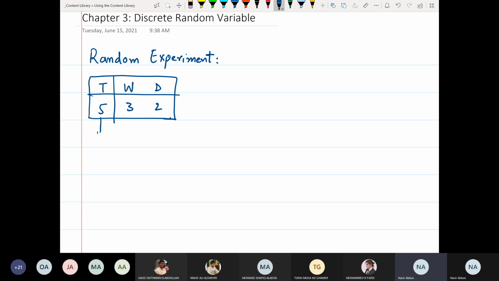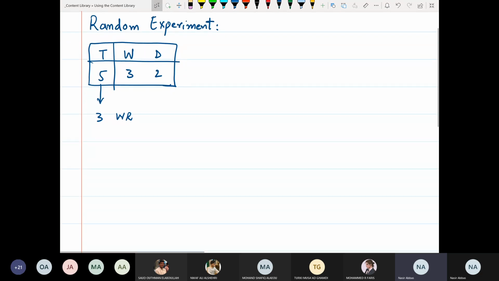And from these 5, you pick 3 with replacement. That is the experiment, and you check whether these 3 objects are working or defective one by one. So this is your experiment. Now again, I'm doing this for the explanation, but you don't need to make the space manually.